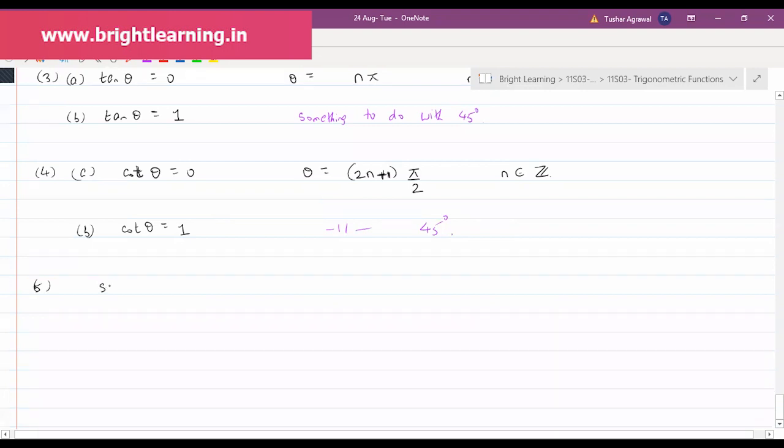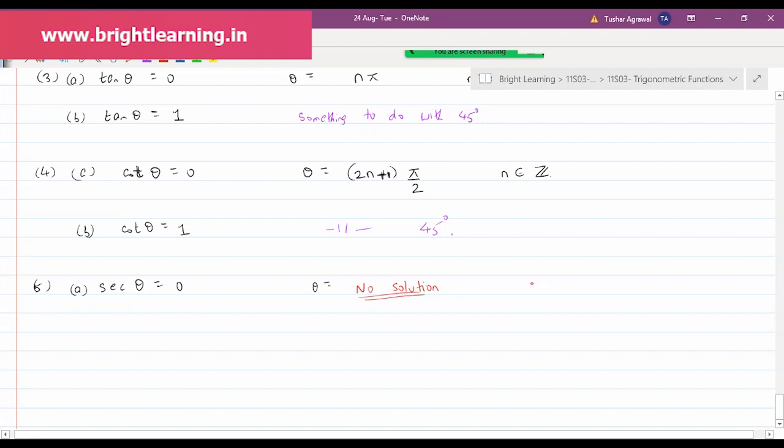Next, sec theta is equal to 0. So theta is equal to... no solution. How? Because I've told you cos lies between -1 and 1.